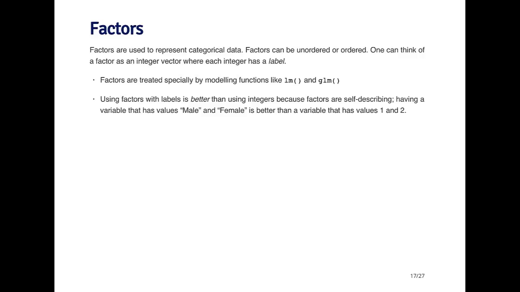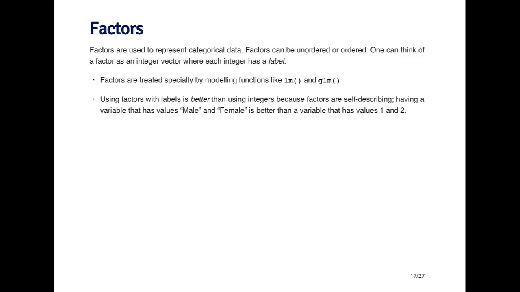So factors are important because they're treated specially by modeling functions like LM and GLM, which we'll talk about later; these are functions for fitting linear models. And factors with labels, generally speaking, are better than simple integer vectors because factors are what are called self-describing. Having a variable that has values male and female is more descriptive than having a variable that just has ones and twos.